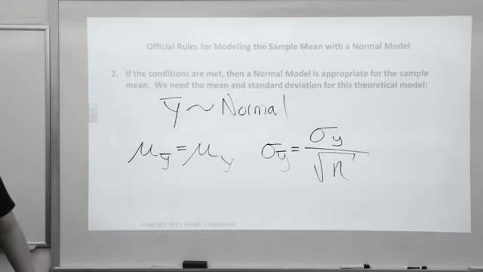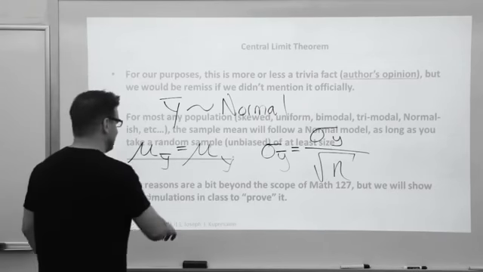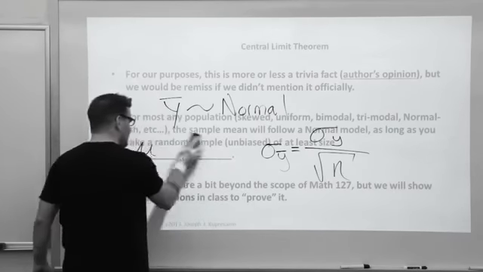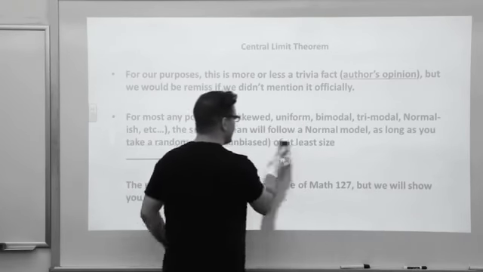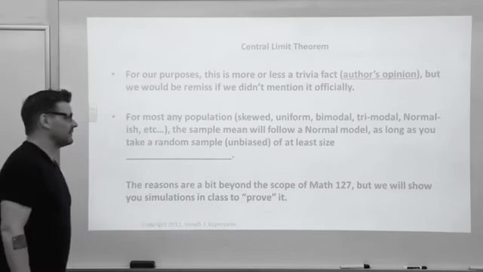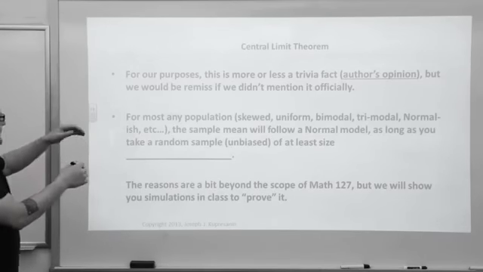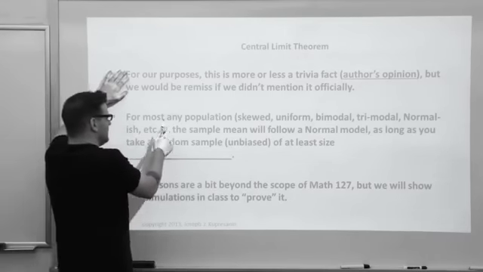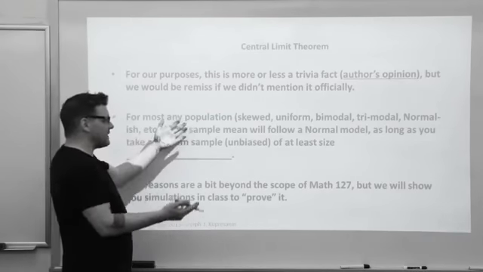Now at the bottom, we would be remiss if we didn't mention this. My opinion only, sort of like a trivia fact, but it's the central limit theorem, and at the intro stat level, here it is. For our purposes, for most any population shape, right?